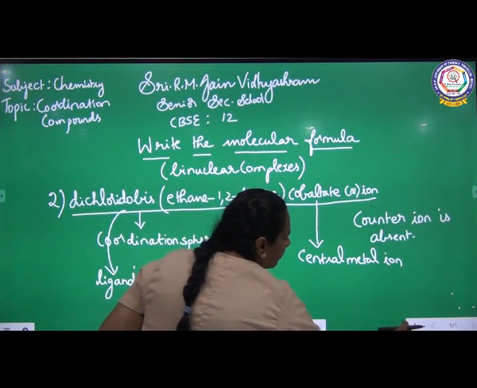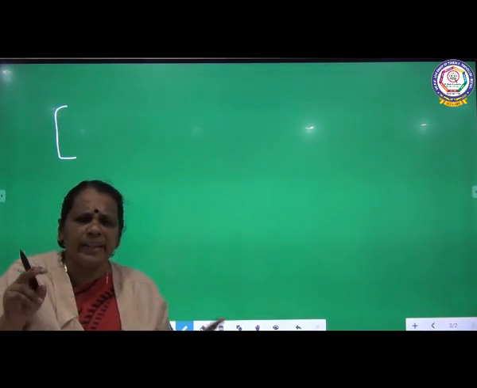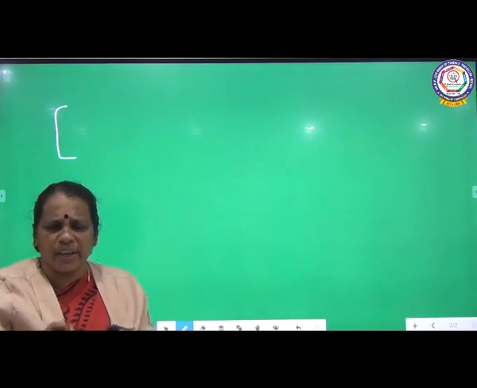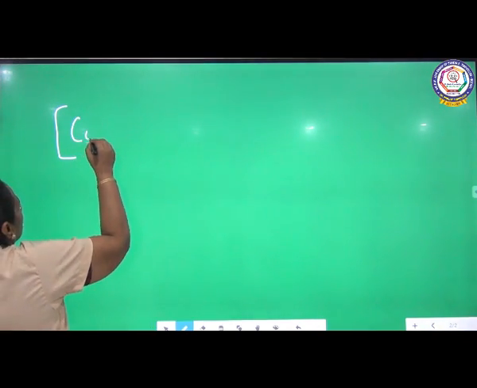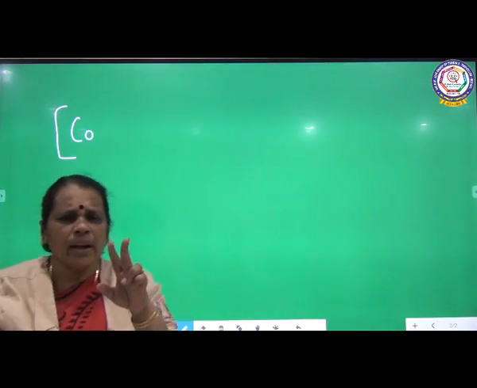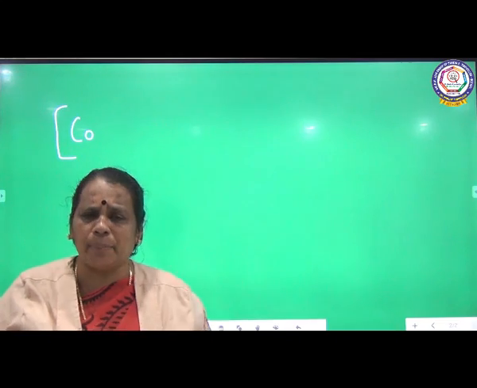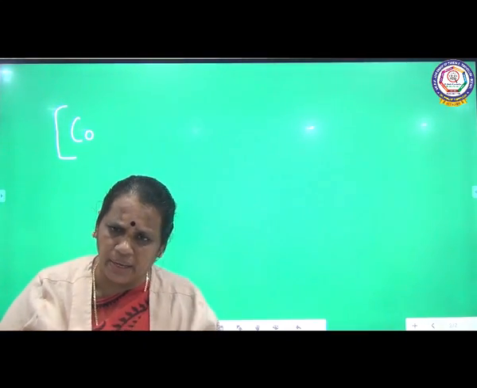The next step, start the square bracket. Already I told you, in the square bracket, first you have to write the central metal ion. So here the central metal ion is cobalt. There are two different ligands. One is chlorine, the other one is ethylene diamine.